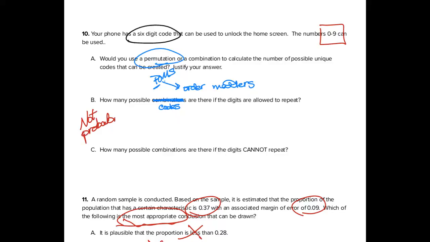They just want to know how many possible codes. It is 6 digits, so let's put out these spaces and figure it out. And they are allowed to repeat. So then you got to look over here. How many different numbers do we have to choose from when we have 0 to 9? Think about it.